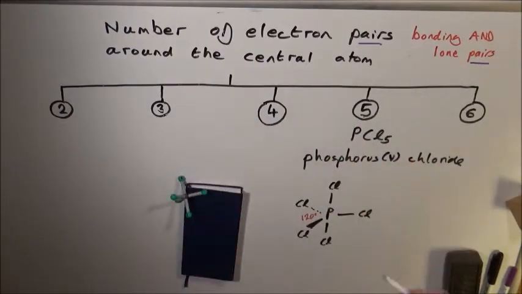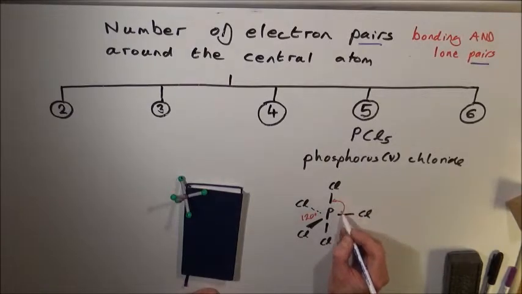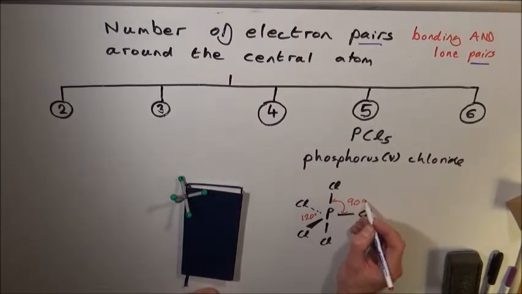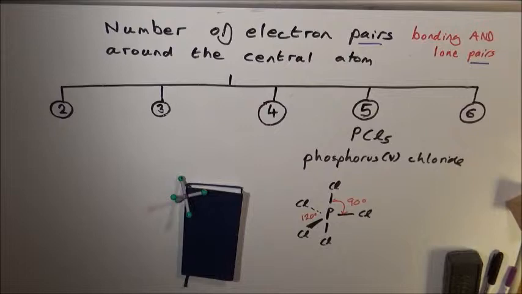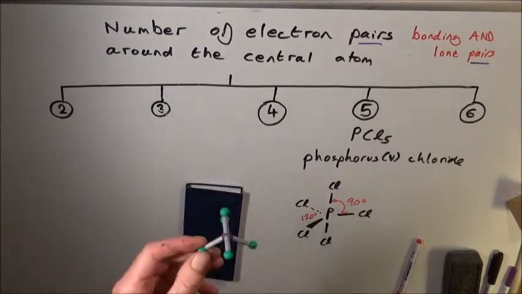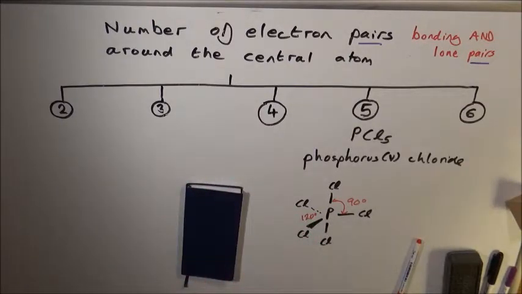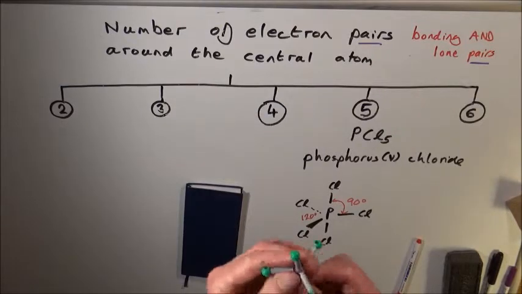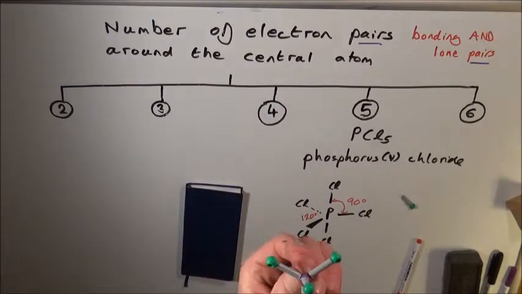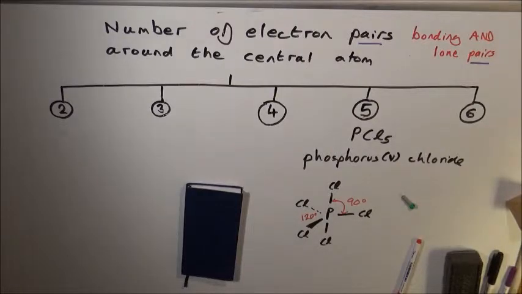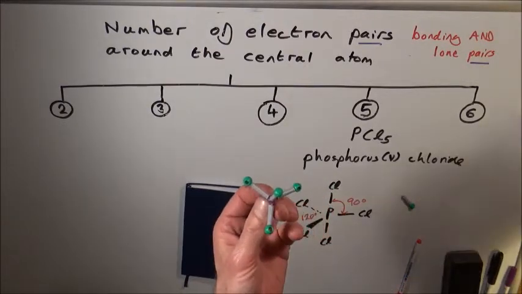So you've also got a 90 degree bond angle. And the shape of that one, I don't actually have a model of that, but imagine I took away the bottom chlorine, then if I wrap that one up, it would be a pyramid, a triangular pyramid. Where's that one gone?